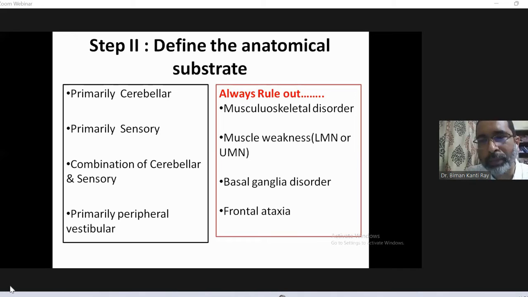Sometimes weakness may present like ataxia. Whether the patient has any extrapyramidal involvement, a basal ganglia disorder. Sometimes a patient with Parkinsonism may present like ataxia, or whether this is a frontal ataxia. So these are the four things you exclude at the very beginning: musculoskeletal problem, muscle weakness, LMN or UMN, basal ganglia disorder, or frontal ataxia.